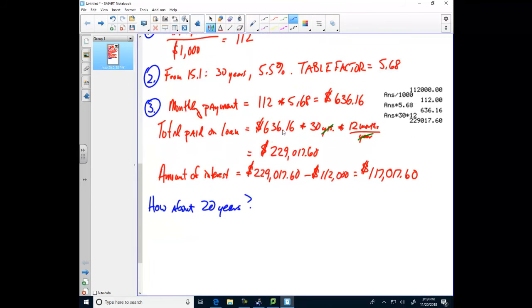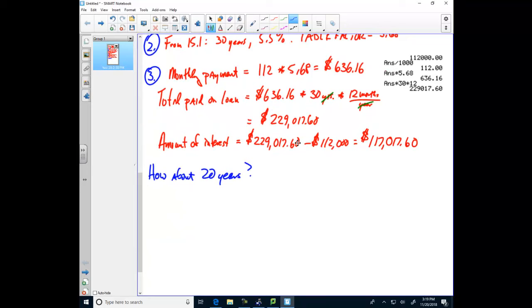Step one is still going to be 112, isn't it? We're still borrowing the same amount. So step one is still 112. Let's leave that.